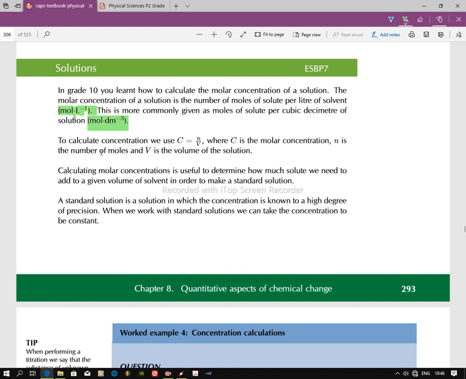Calculating the molar concentration is useful to determine how much solute we need to add to a given volume of solvent in order to make a standard solution.